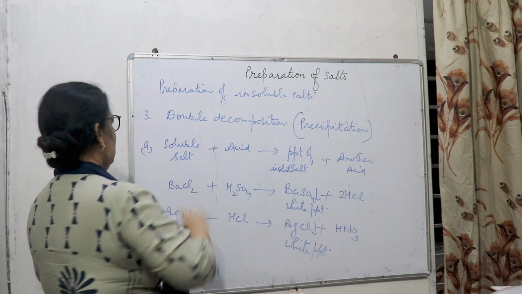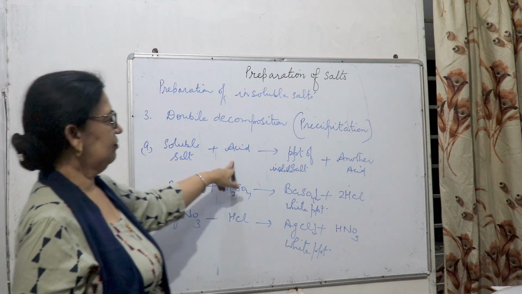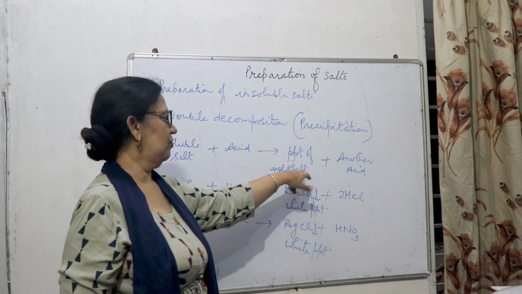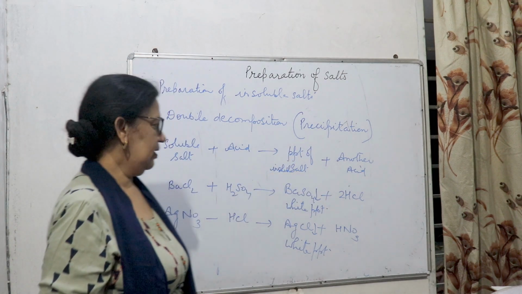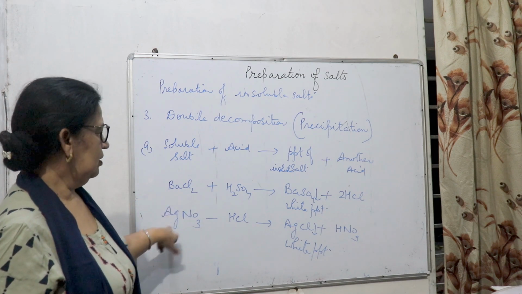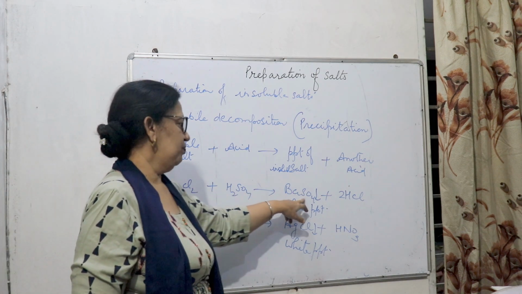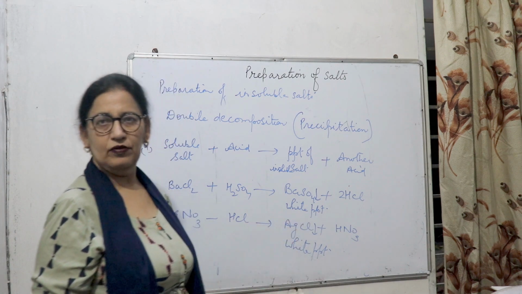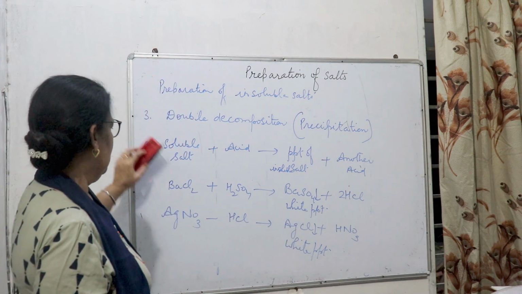Put it as number A. When soluble salt reacts with the acid, they give the precipitate of insoluble salt plus another acid. And we have used barium chloride, and we prepared barium sulfate and silver chloride.